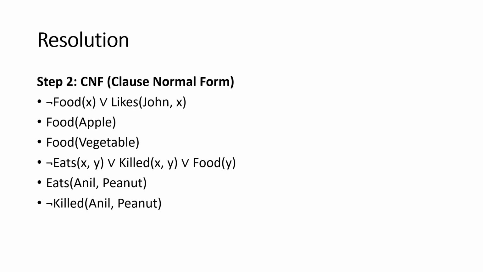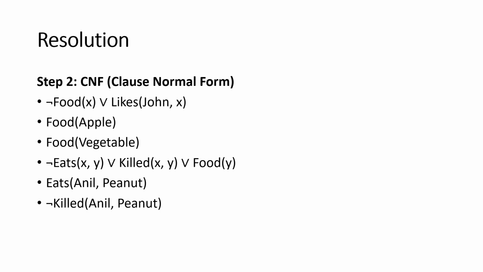Step 2 will be, after converting the sentences into FOL, we are just going to convert them into clause normal form or clausal normal form. So whatever the formula is, when using clause normal form, A implies B can be represented as negation of A union B. So for the first statement, it is already found.